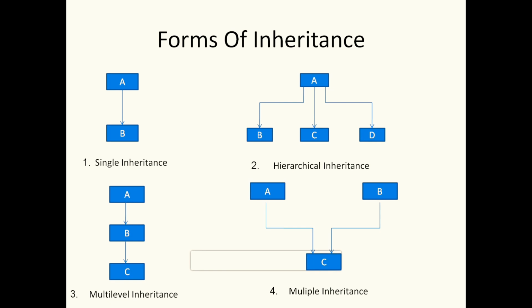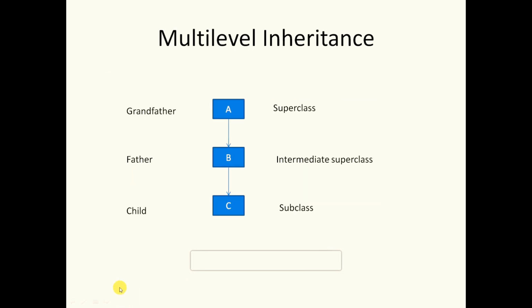The third is multi-level inheritance. In multi-level inheritance, class B acquires the properties of A and class C acquires the properties of B. Like we will see in this picture, suppose the first is the grandfather: the properties of the grandfather come to the father, and the properties of the father go to the child.